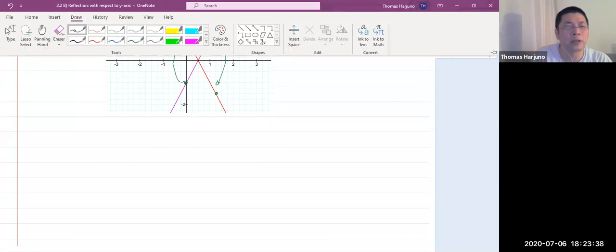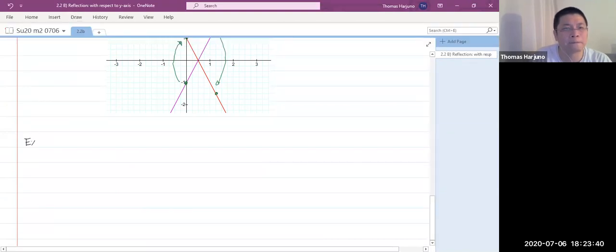Let's say, for example, if I have y equals to x squared minus 3x plus 4. Call that curve 1.